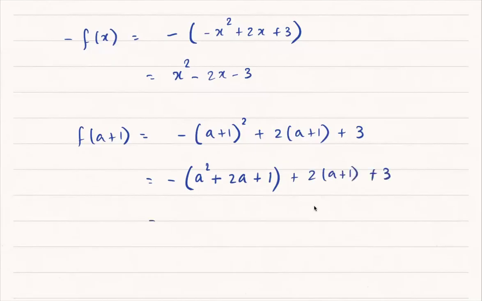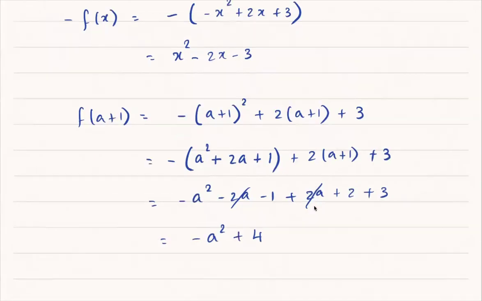Now in the next step, I'm going to distribute. So I have negative a squared minus 2a minus 1 plus 2a plus 2 plus 3. This and this gets cancelled away. Then I combine the like terms and I'm ending up with 4. So negative a squared plus 4 is my answer.